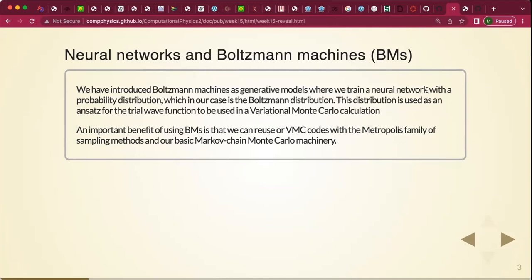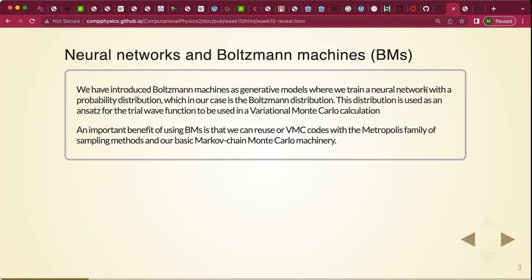We will then use these Boltzmann machines in the project, and this is the recommended path. And then if you have time, you can think of implementing a neural network, but I would not recommend that because that's going to be much more time consuming.